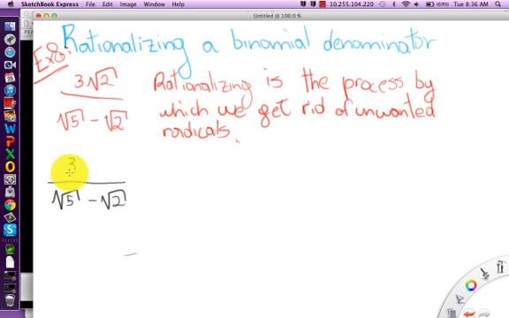And I already know from the previous example that if I multiply this denominator times its conjugate, and remember what I do to the denominator I have to do on the top, because I'm essentially multiplying by 1, right?